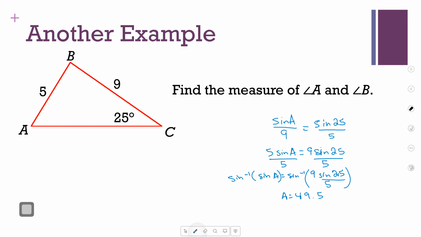I think I did this. So I still don't know how she did that. Product sine A, because it's 5, right? I just divided by 5 after I got 9 sin 25 equals 5 sin A. I don't know, I probably did it wrong.